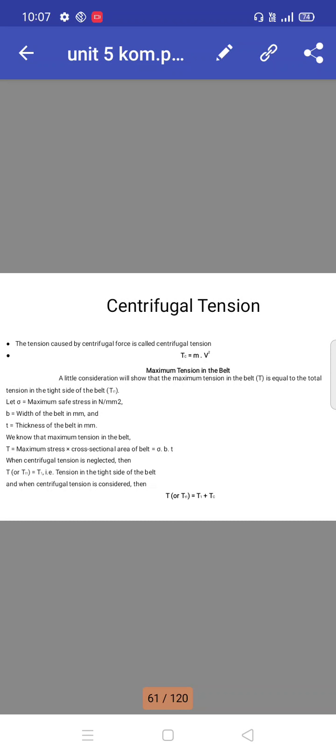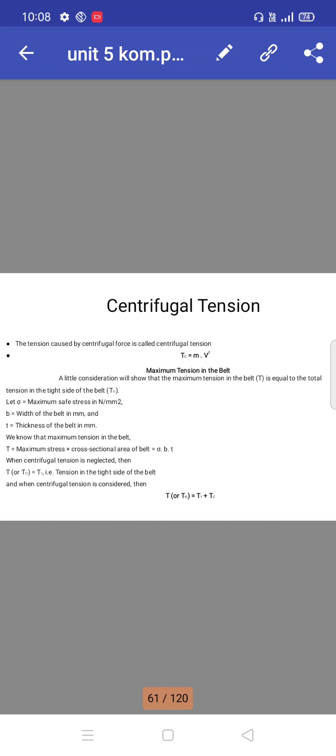Sigma is equal to maximum safe stress, in newton per mm square. Then b is the width of the belt in mm, and t is the thickness of the belt in mm. We know that maximum tension in the belt T is equal to maximum stress into cross-sectional area of the belt, which is sigma into b into t.